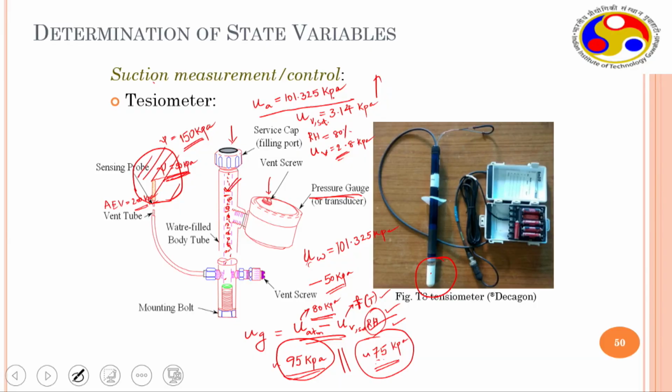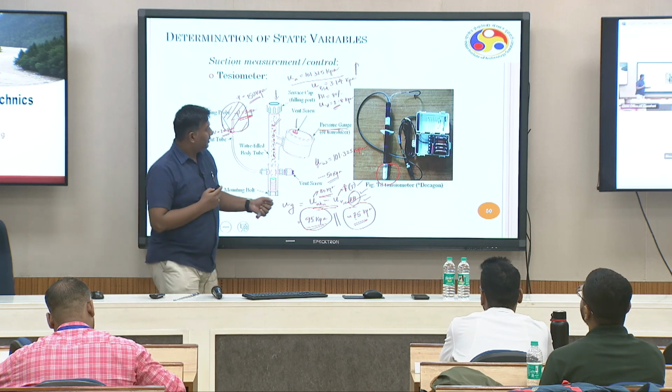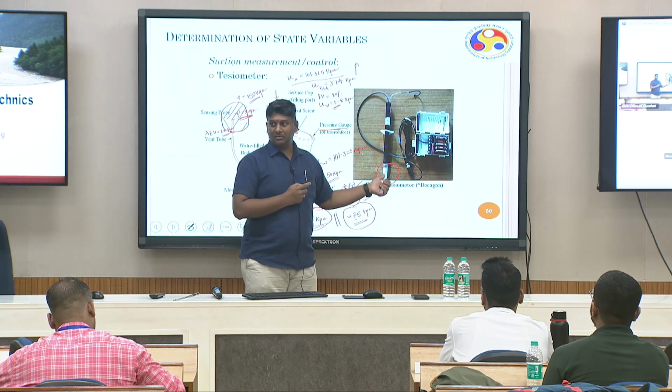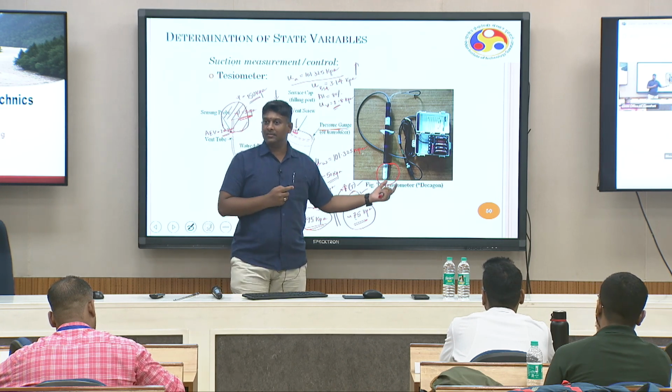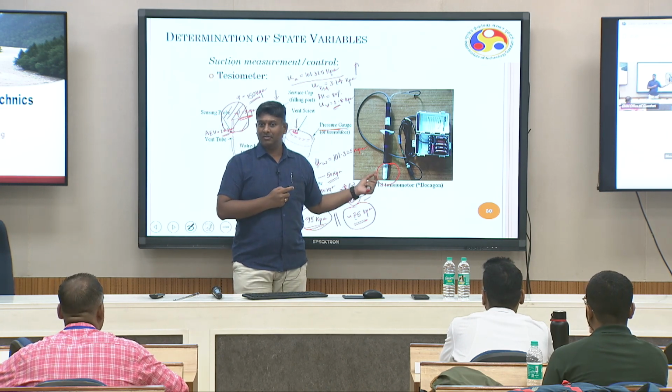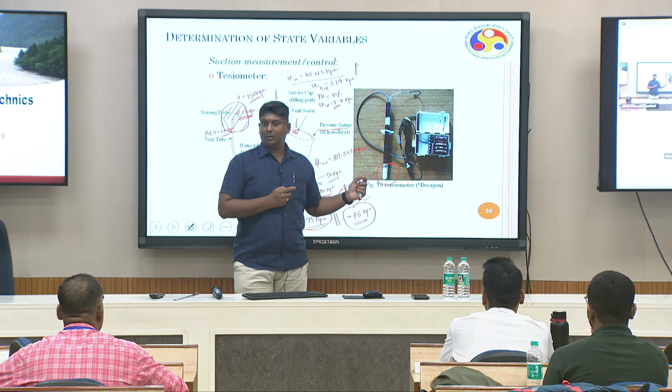The limitation is not coming from the air entry ceramic disc. The disc I can improve to 15 bar, 1500 kilopascal, but it can't measure beyond 100 kilopascal. So the limitation is coming from here. When the soil suction is, say, 1500 kilopascal, when I place the disc, what is expected?